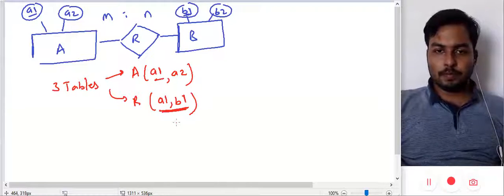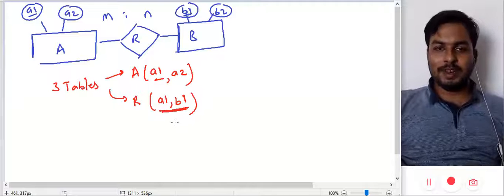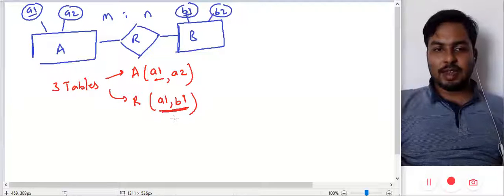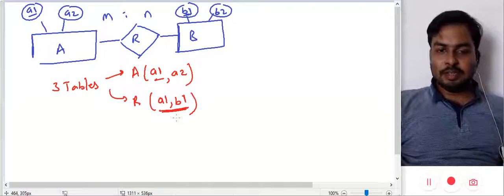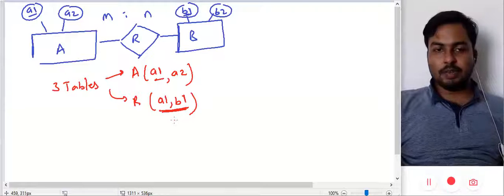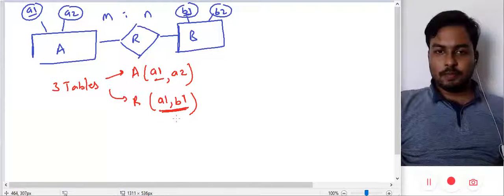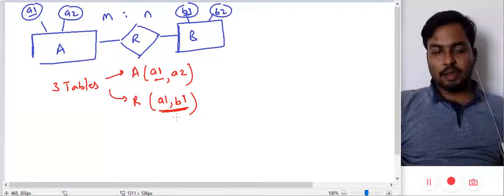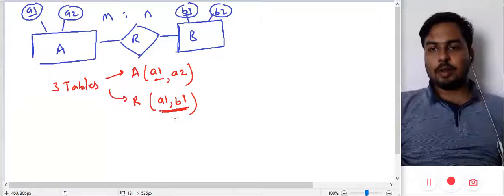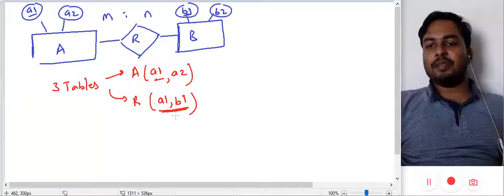So what is a candidate key? We'll come back to that. For now, understand that a candidate key is nothing but a key attribute, though there is a difference, which we'll come back to. When I say candidate key or key attribute, it means that particular column is used to uniquely identify a row.